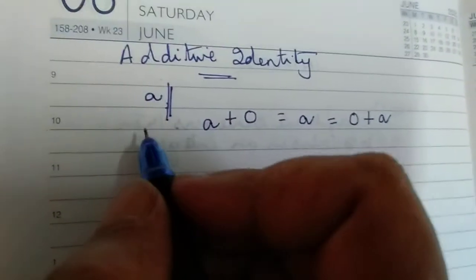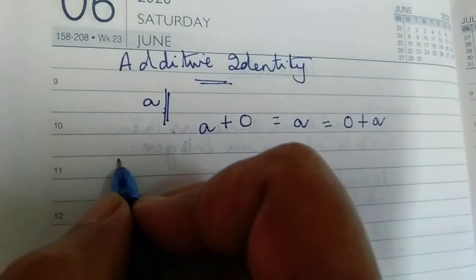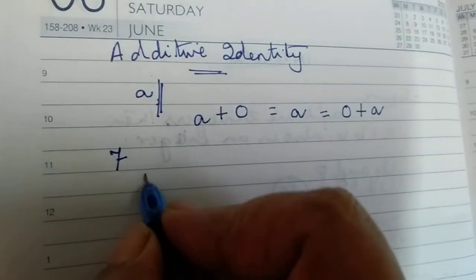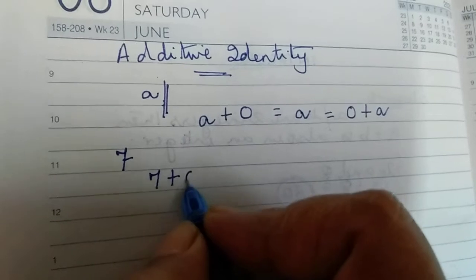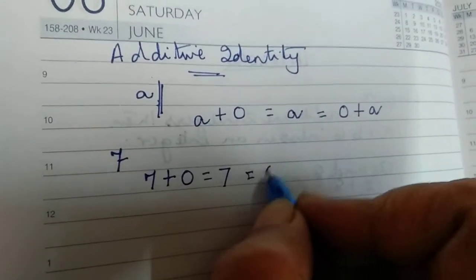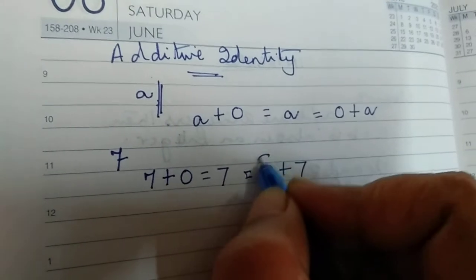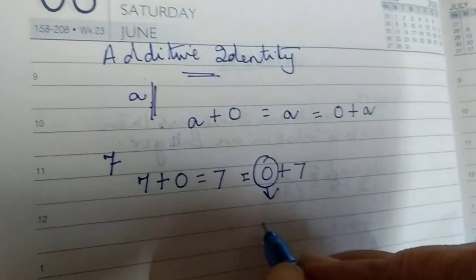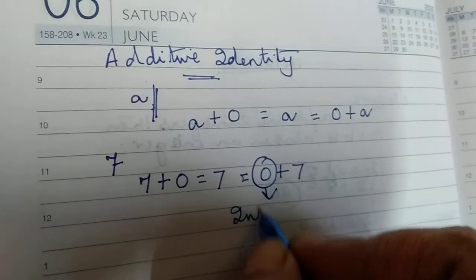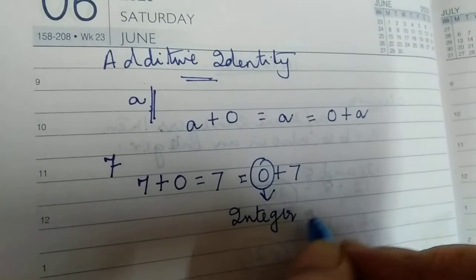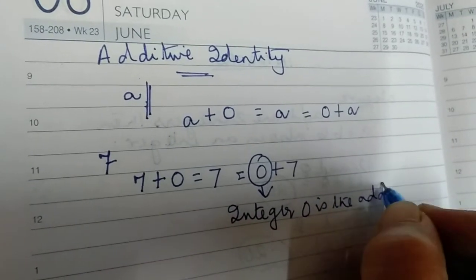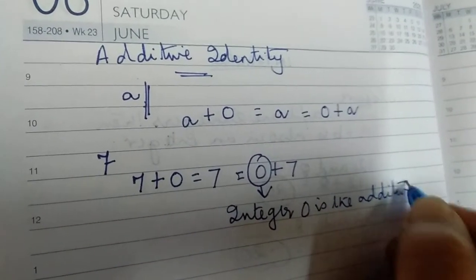That means, suppose I take an integer as 7. So to that, if I add 0, then I will get 7. What is 7? 7 is equal to 0 plus 7. So 0 is called the additive identity. So the integer 0 is the additive identity.